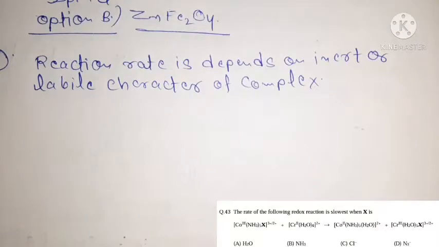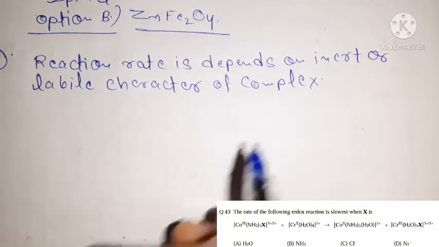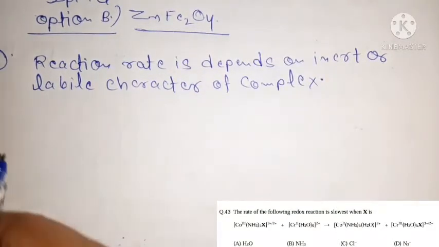Now, how can inert or labile character influence the reaction rate? If complex is inert, then there will be slow rate of reaction. This is the concept.